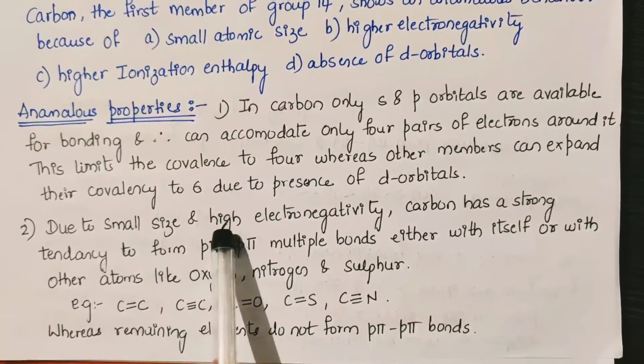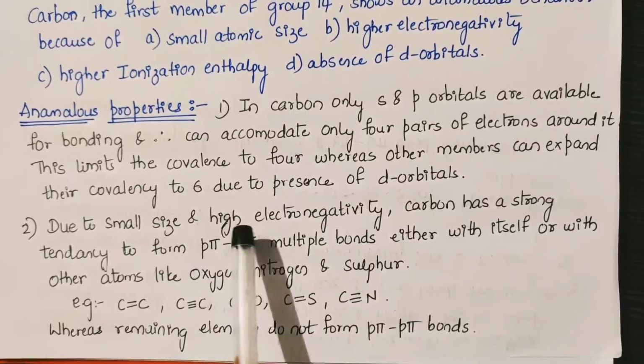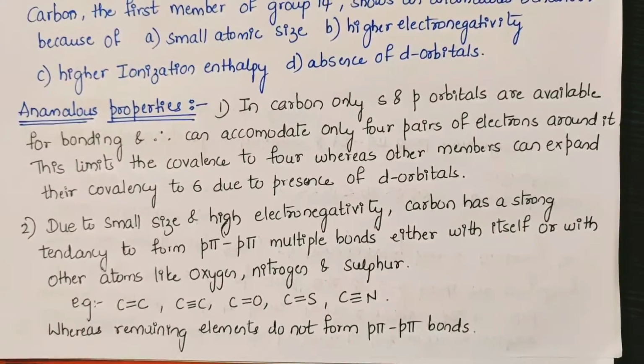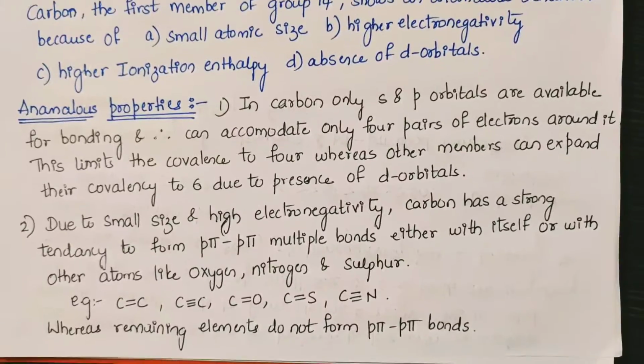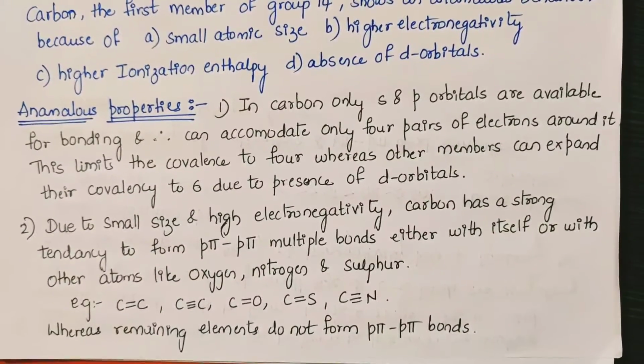If the electron pair is donated from p to another p orbital, then we call it p-pi p-pi bonding. If the donation is from p and acceptance is to d, we call it p-pi d-pi bonding.